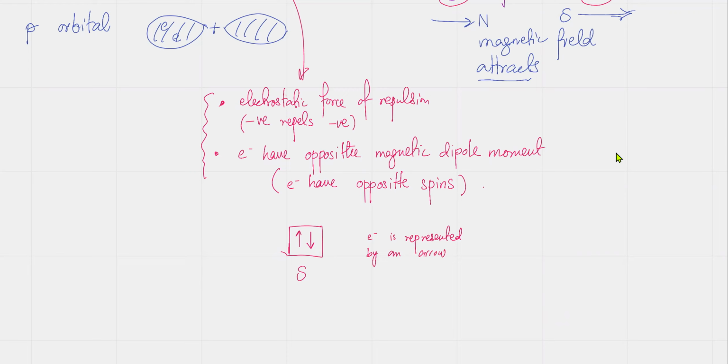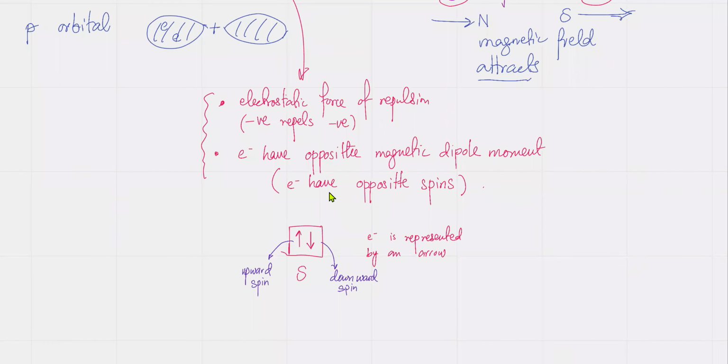which basically just means that they have opposite magnetic fields. The first one is usually referred to as the upward spin. The s orbital is going to have two electrons. So by convention, one of the electrons is referred to as the upward spin, the other one is referred to as the one having the downward spin, or the downward magnetic dipole moment.